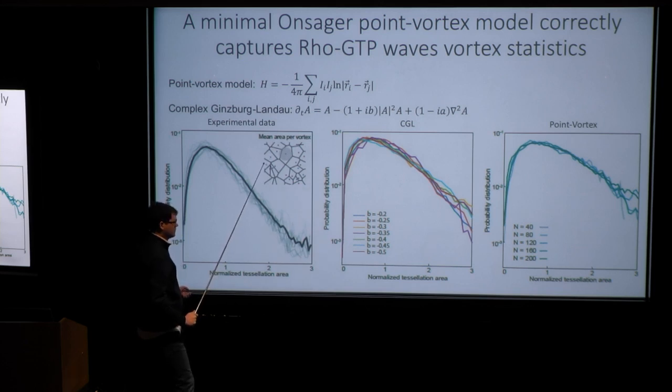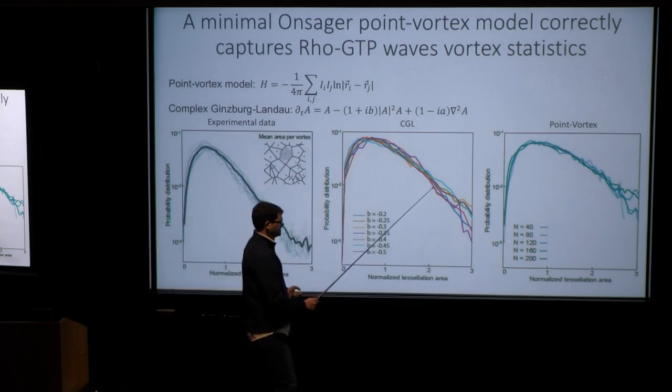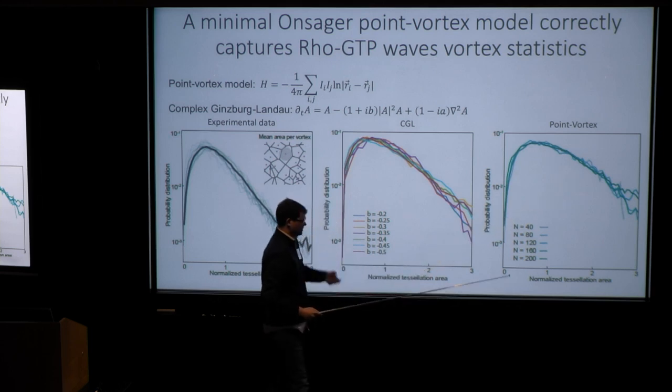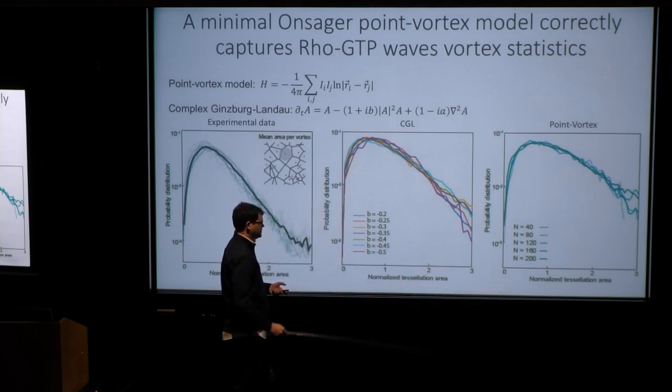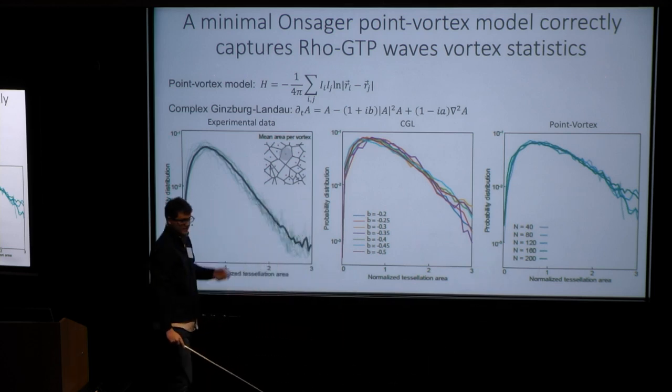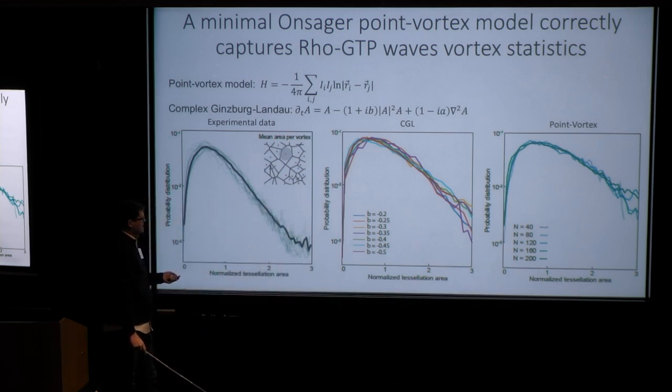So again, experiments, this is the CGL results from the previous slide, and this is the results you get out of this point vortex model of interacting points on a sphere. And in all cases, you have this exponential tail for the area distribution. The crucial difference is there's a difference in slope.